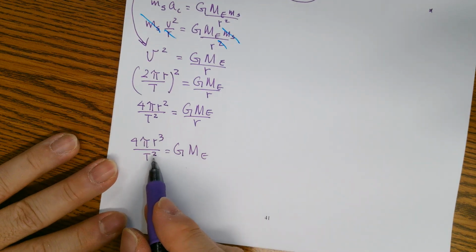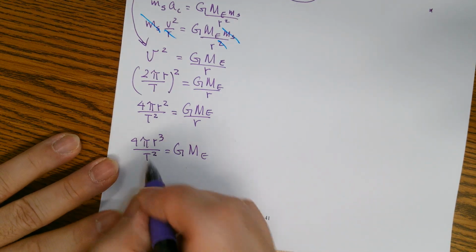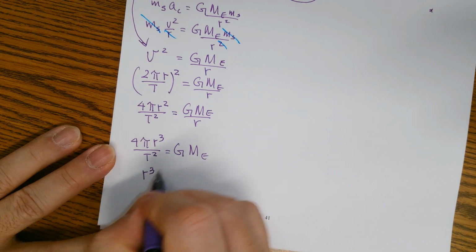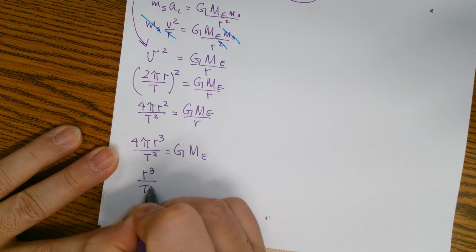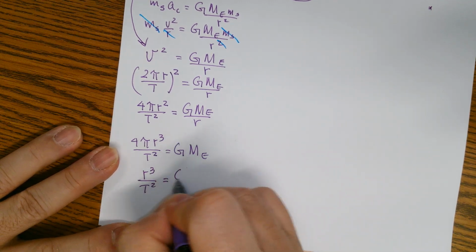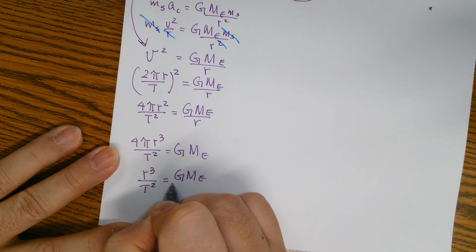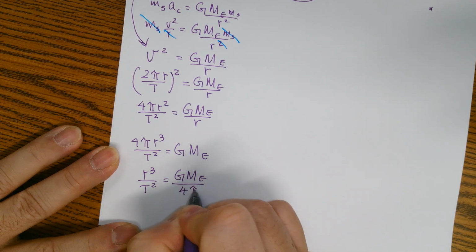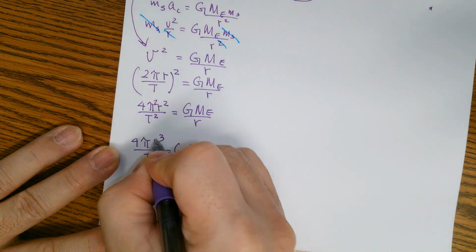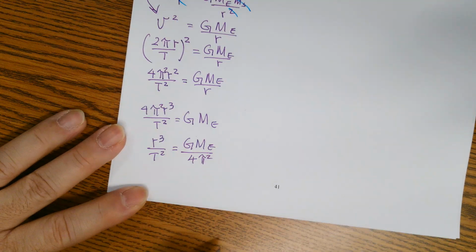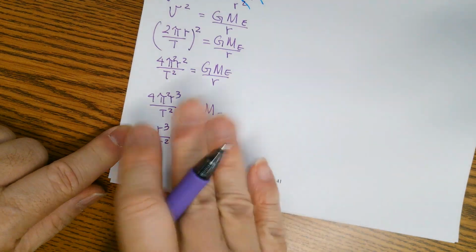Wow, this should look familiar to you. R cubed over period squared is equal to G times the mass of the Earth over 4 pi squared. I forgot to square the pi, sorry. Does that look familiar to you?